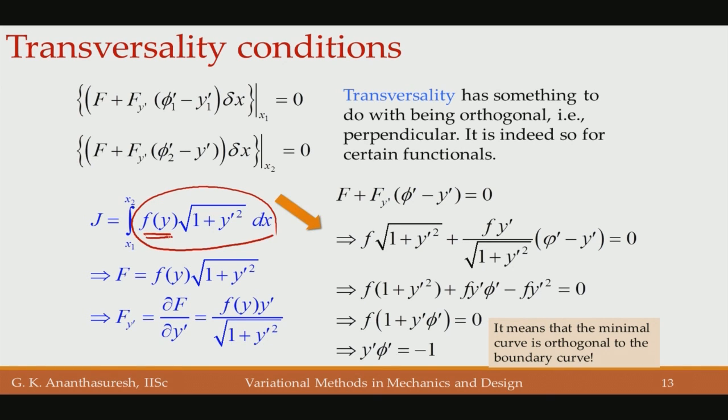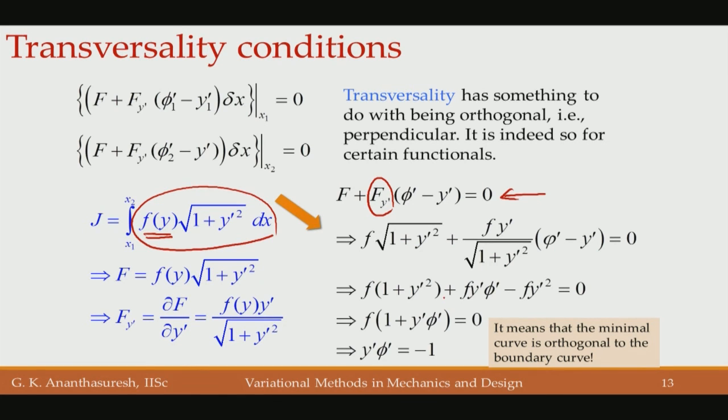And f of y can be anything. If it is that form, now we substitute into the transversality condition that we derived in the last slide. If you substitute for f, we get f times the square root of 1 plus y prime square, and here we have dou f by dou y prime, that gives you this.